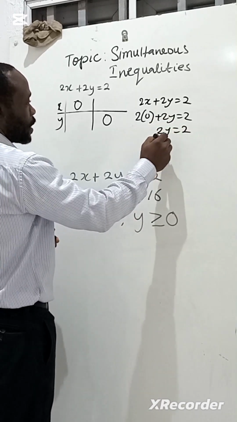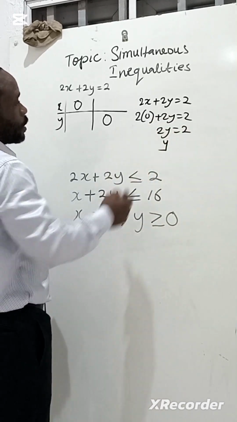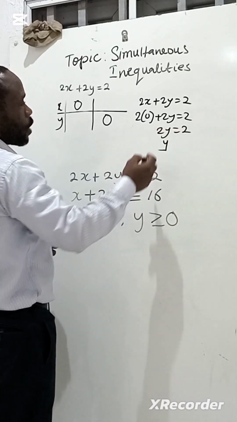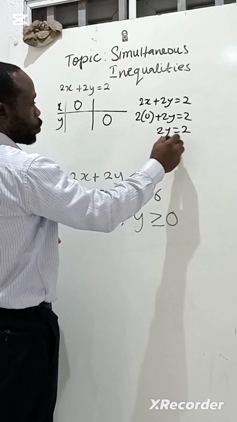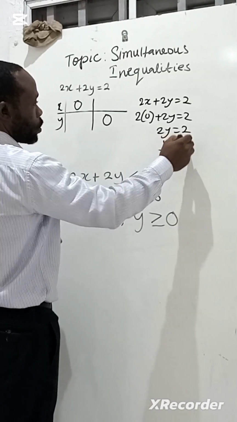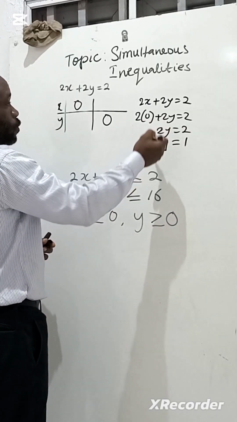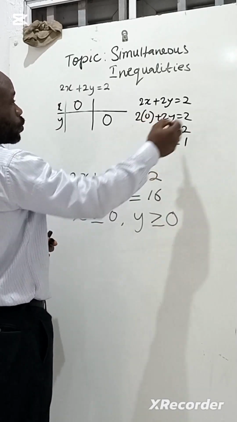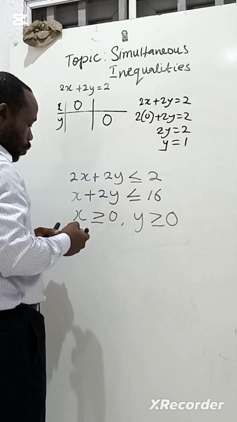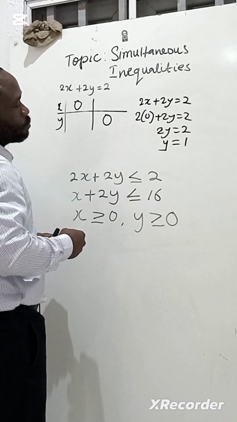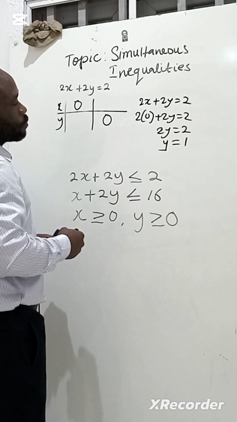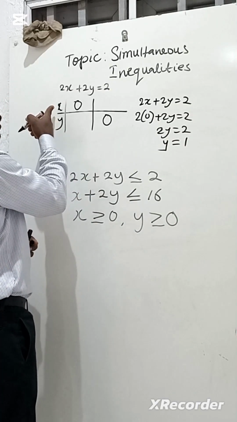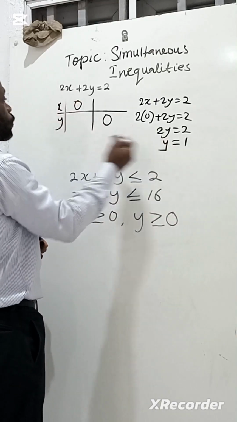To get the value of y, I will divide both sides by 2. This becomes y is equal to 1. We divide this 2, 2 divide this 2, and this becomes 1. So when the value of x is 0, the value of y is 1.